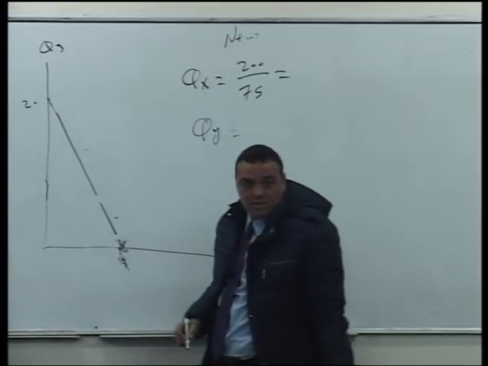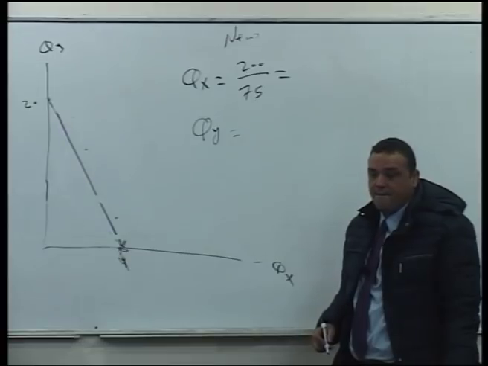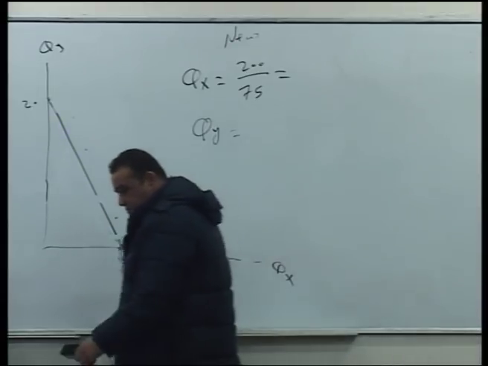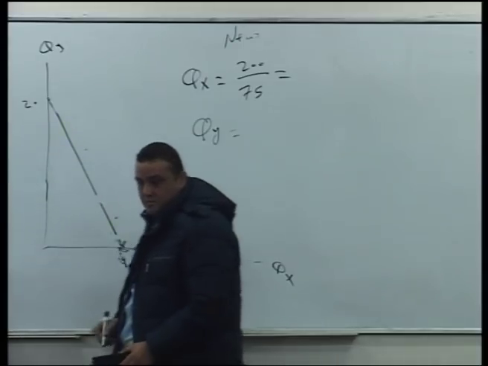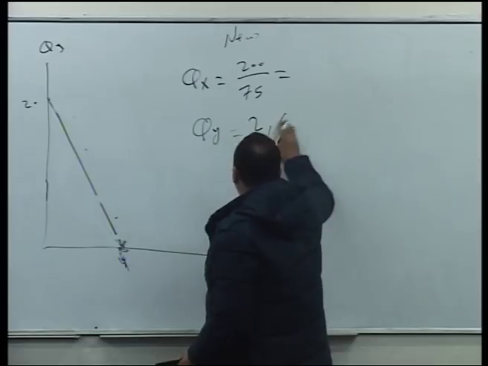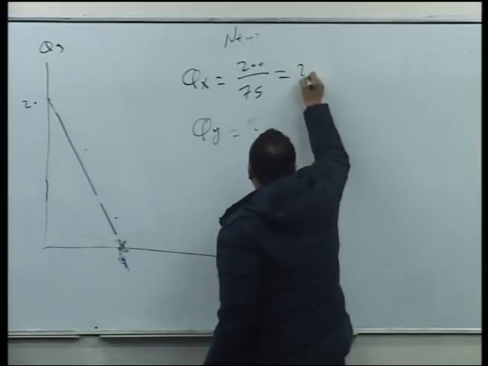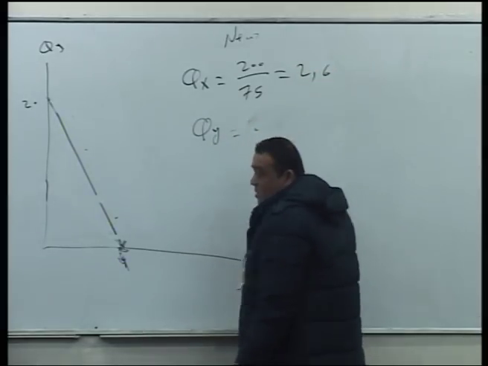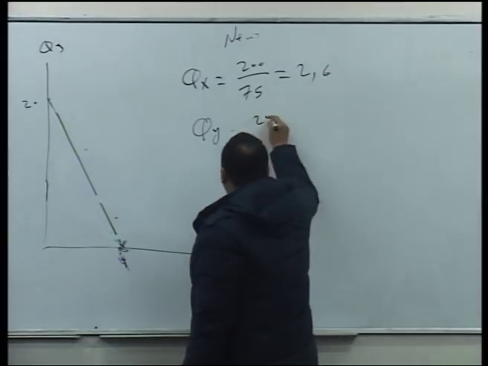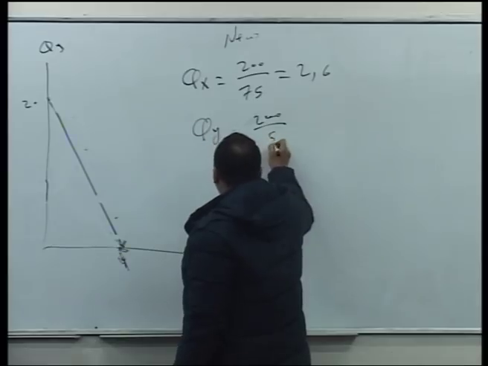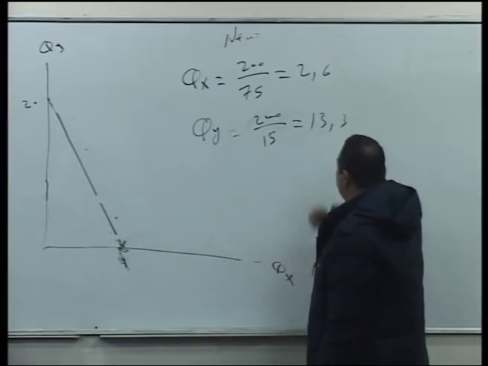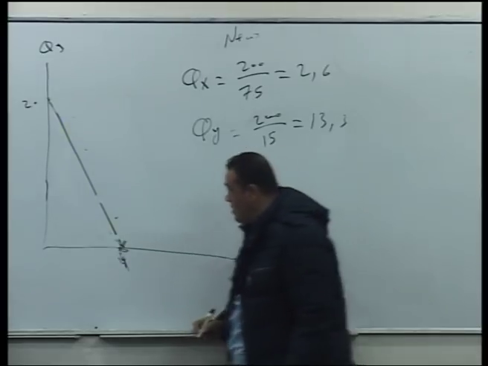Someone do the calculation. 2.6. What about the quantity of Y? 200 over 15. How much is it? 13.3 units.